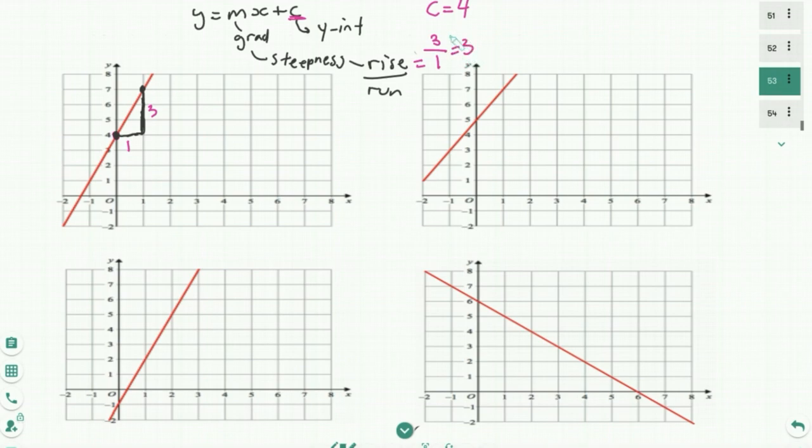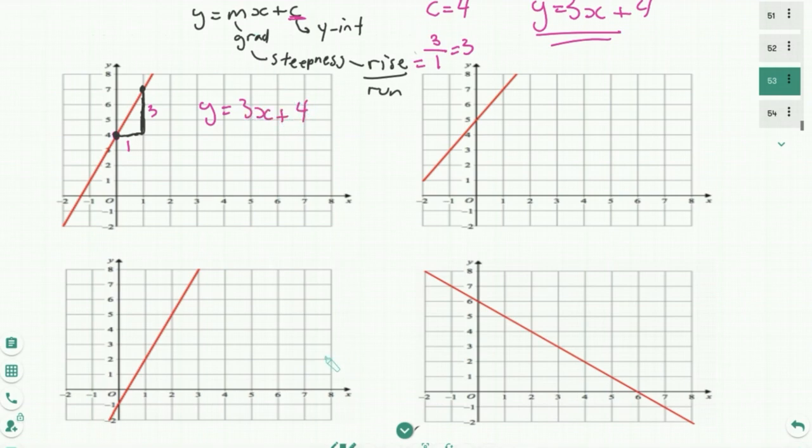That is going to be our gradient. So our line is y equals mx plus c, where m is the gradient, 3, so 3x plus c. c is the y-intercept, which is 4, so positive 4. And that's the equation of this line: y equals 3x plus 4.